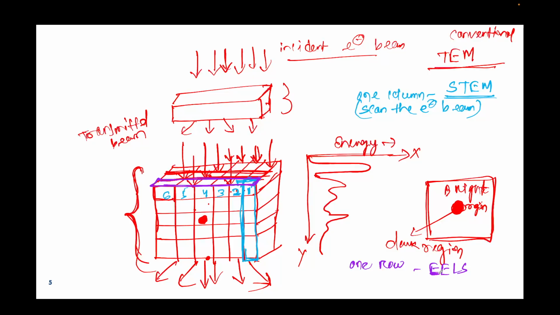That means in this entire row, I want to see the variation in the energy level, which I will finally get when I put my detector. That spectroscopic technique is known as EELS. The full form of EELS is electron energy loss spectroscopy. It is a spectroscopic technique that we use in transmission electron microscopy. So these are the two additional pieces of information that we have to consider.